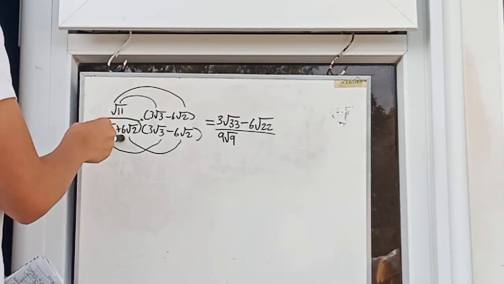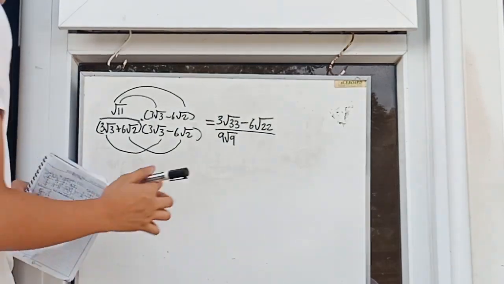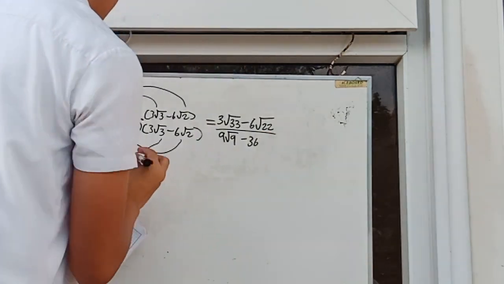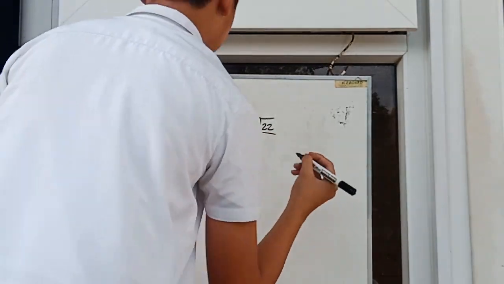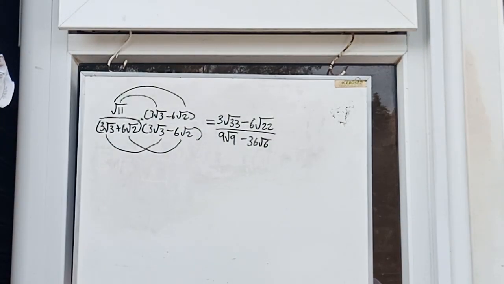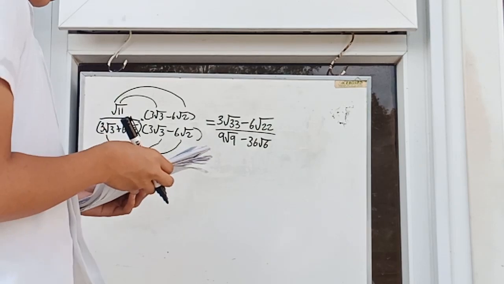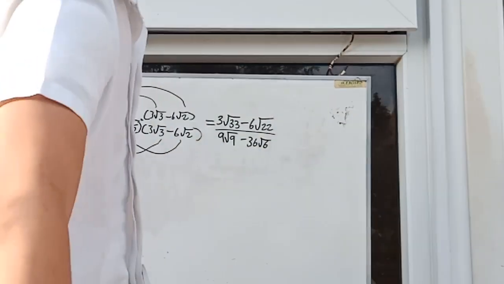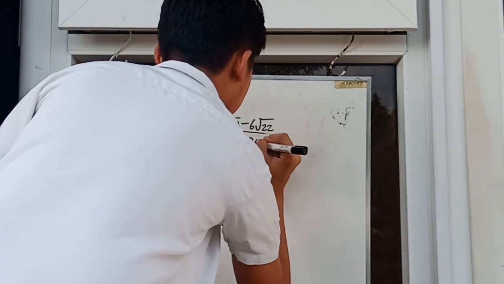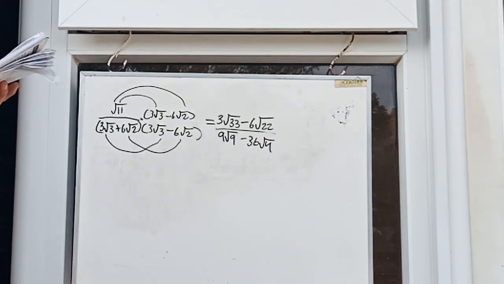Now, 6 square root of 2 times the negative 6 square root of 2 is going to be negative 36, and square root of 4. Wait, I'm sorry. It's 4.